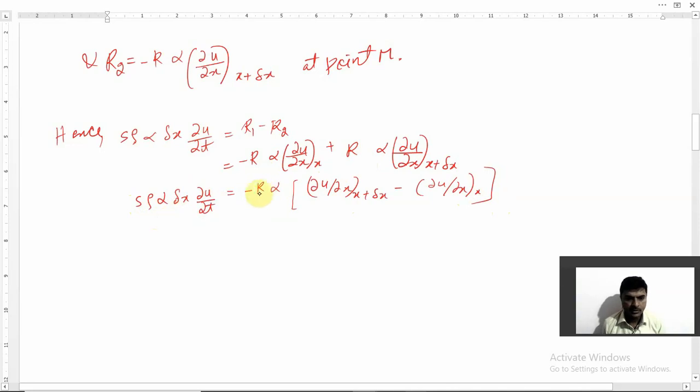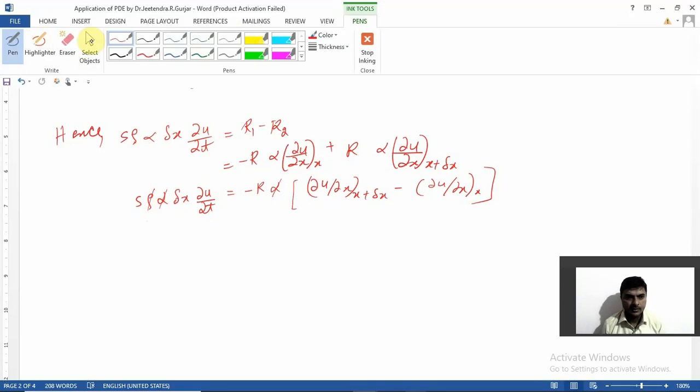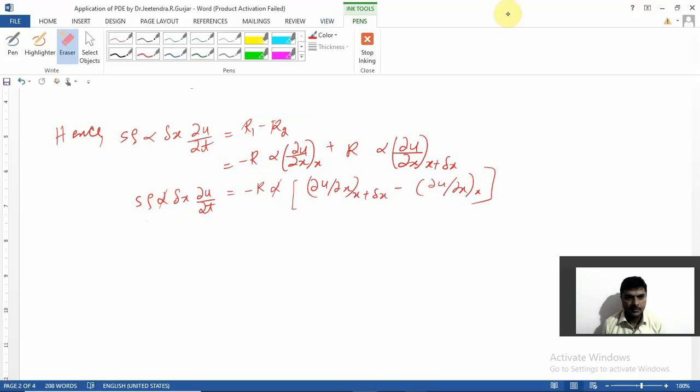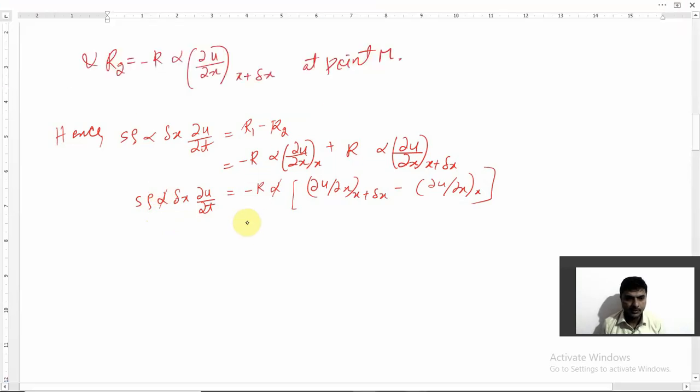So on both these sides you can see alpha is common, so I'll just remove alpha, and the remaining things I will bring on the right hand side.